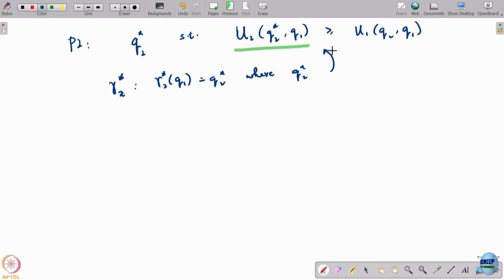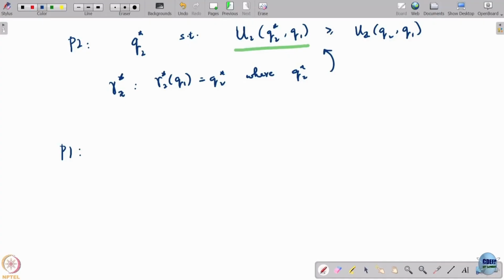So gamma 2 star for every q1 specifies the quantity q2 star which optimizes this. Is this clear? Okay. So now with this in mind, this is the mode of play for player 2.